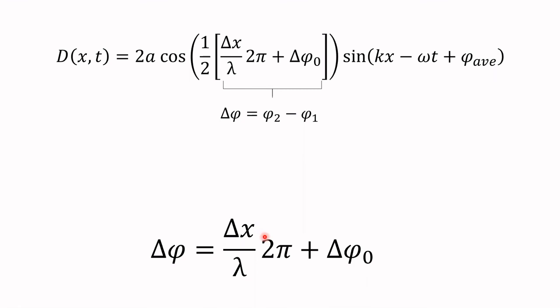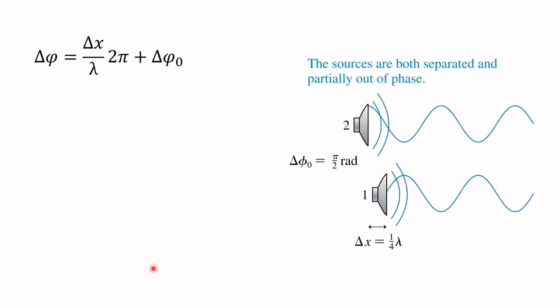So the phase shift contributed by the fact that the speakers were one wavelength apart was 2 pi. But we know that a phase shift of 2 pi is the same as 0. And that's why the peaks and the valleys were still lined up with each other. Or peaks of one wave were lined up with the peaks of the other and the valleys of one wave were lined up with the valleys of the other. Okay, this is the contribution from the path length difference. This is the inherent phase difference. You have to account for both before you determine whether the overall waves are in phase or out of phase or something in between.